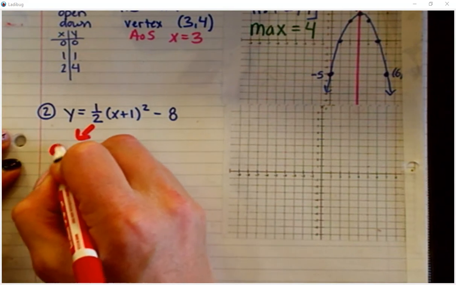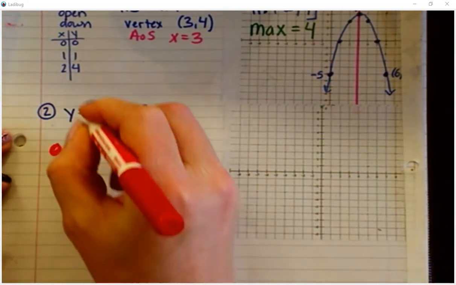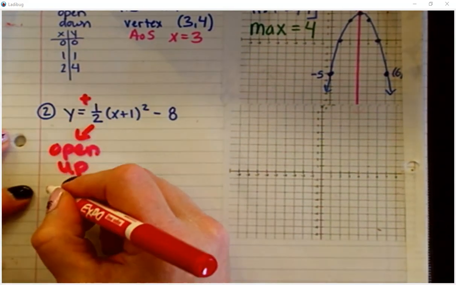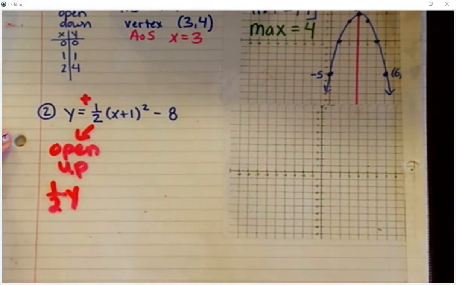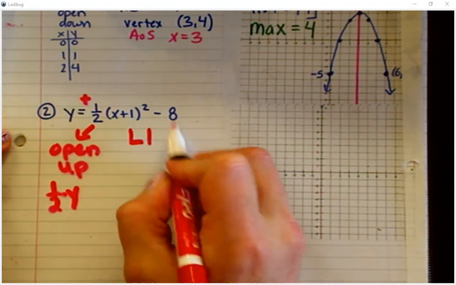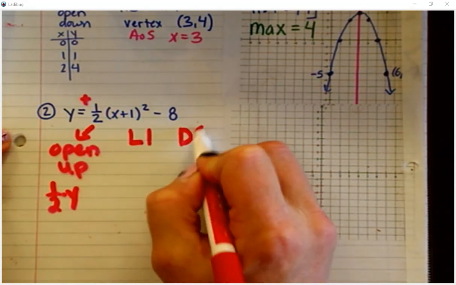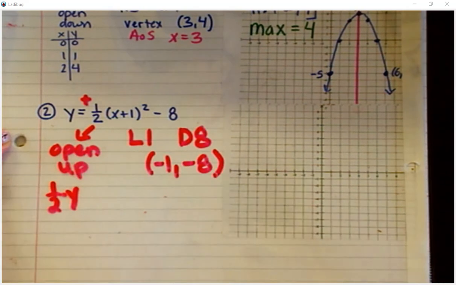The graph is going to open up because it's positive, and I'm going to half the y values because there's a half in front. It's going to go left 1 and down 8. So my vertex is this.